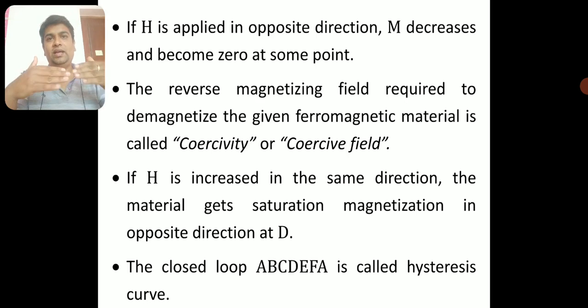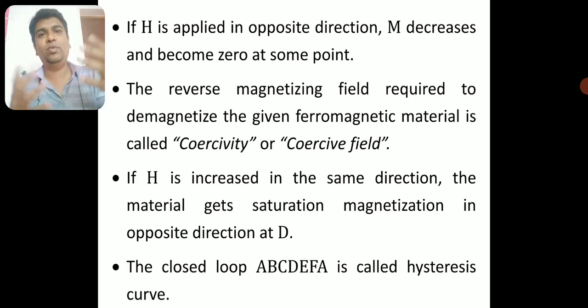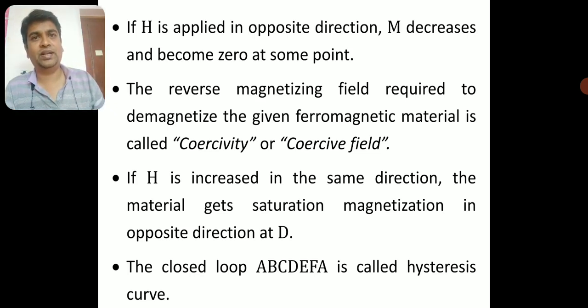I have made the magnetizing force 0, but still M is not 0. Let's see, I keep on decreasing the field. I am going in the negative direction, applying H in the opposite direction.